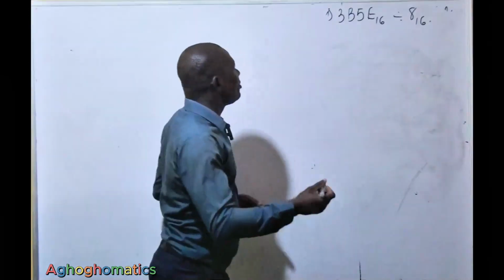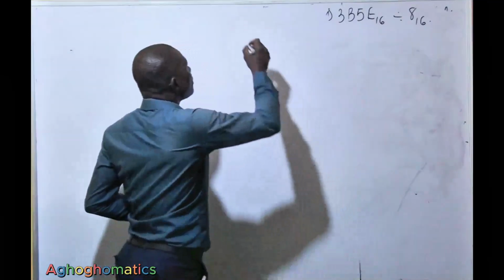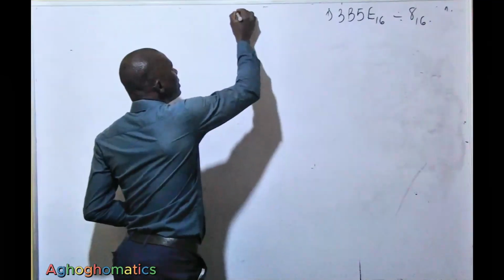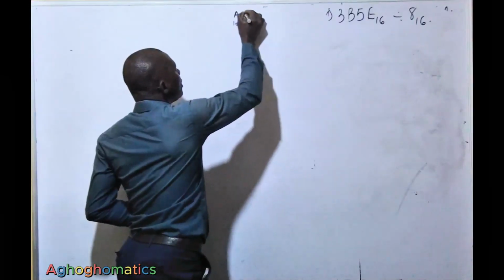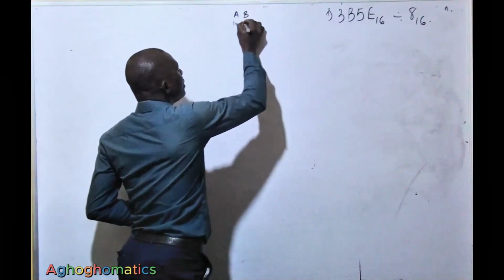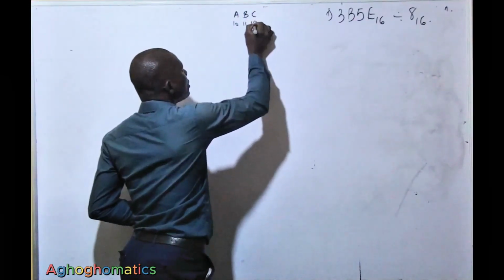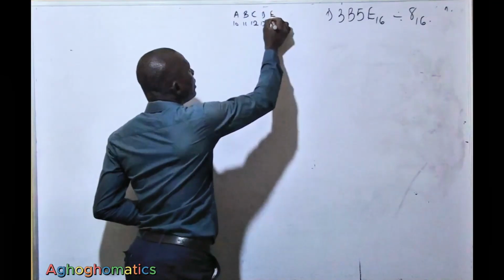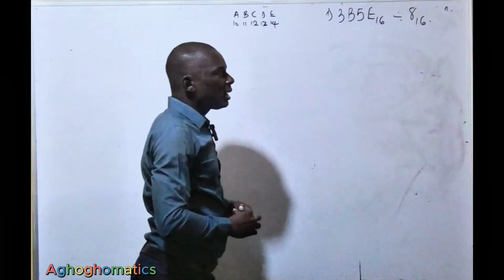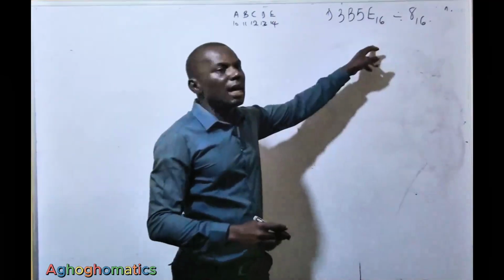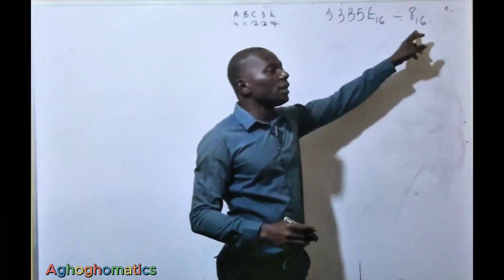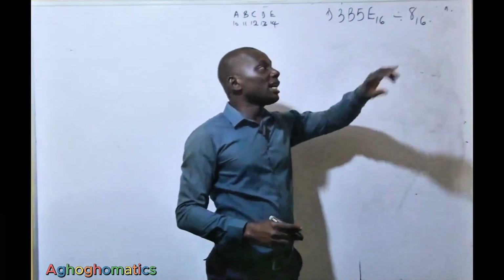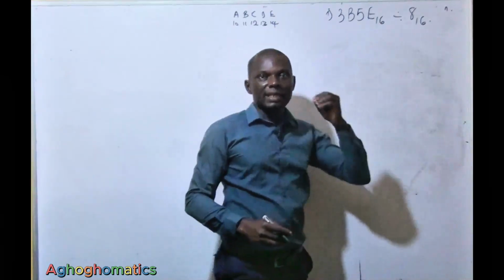If you recall, in base 16 we usually use alphabets. 10 is A, B is 11, C is 12, D is 13, and E is 14. Remember that in any base, the highest digit that can appear is usually 1 less than the base.